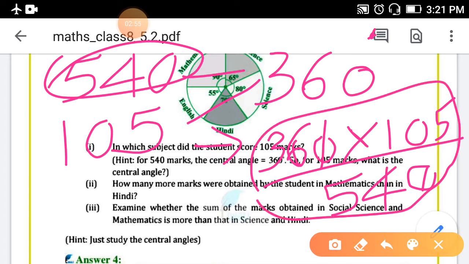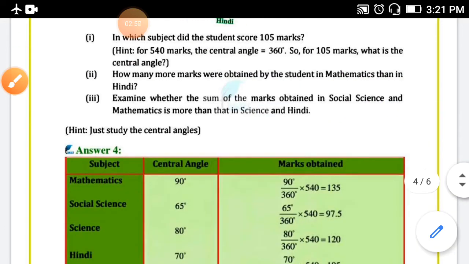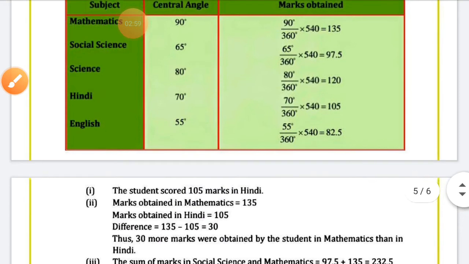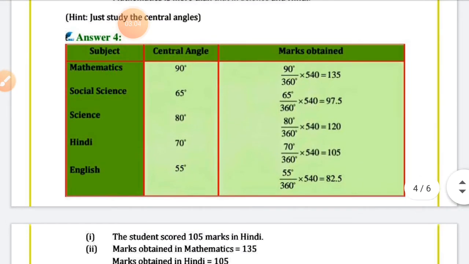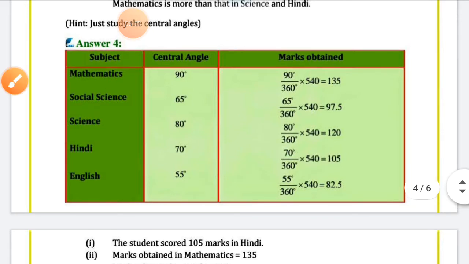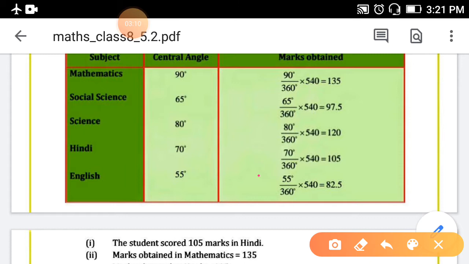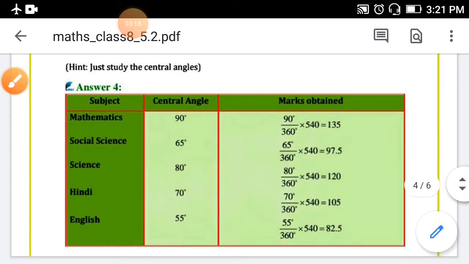You solve this equation and you will get 70 degree. So in Hindi, the student scored 105 marks.